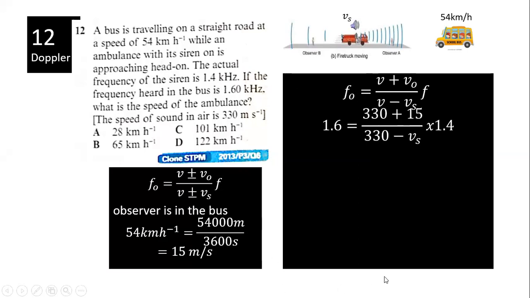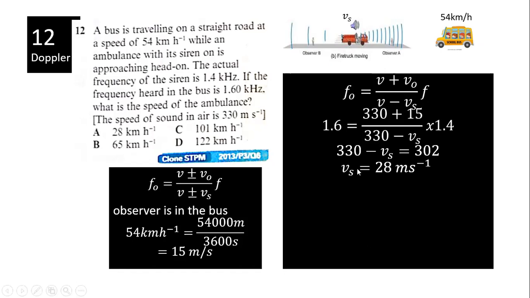Observer. Actual frequency is 1.4. Frequency heard by the person in the bus is 1.6. And from there, you can calculate your VS. Take this one, cross multiply, and then take this one down. VS is 28 meters per second.